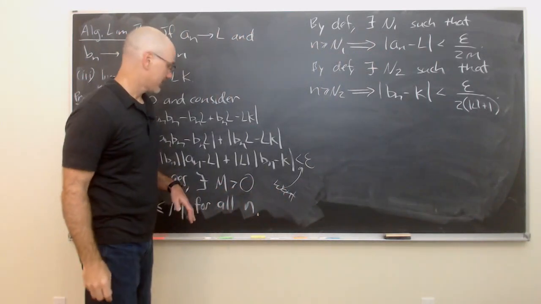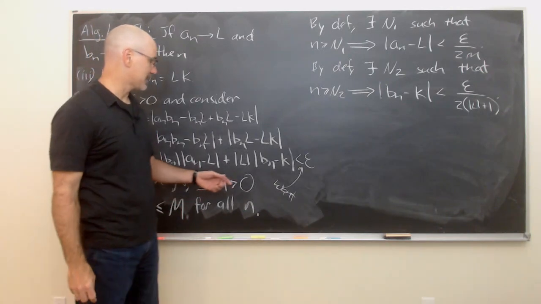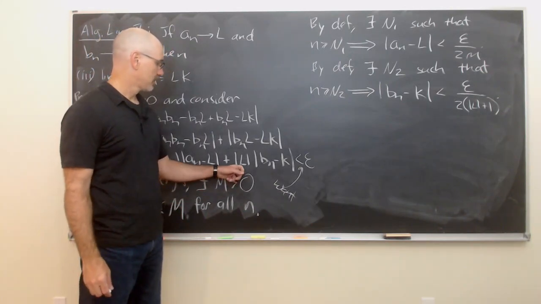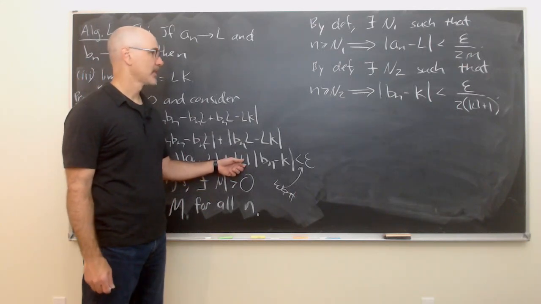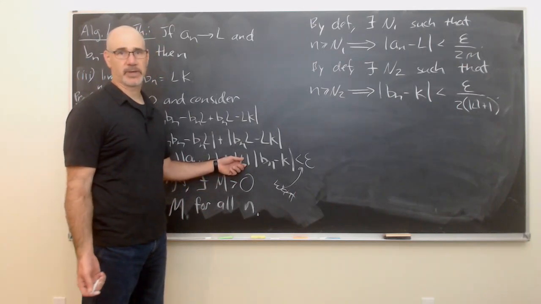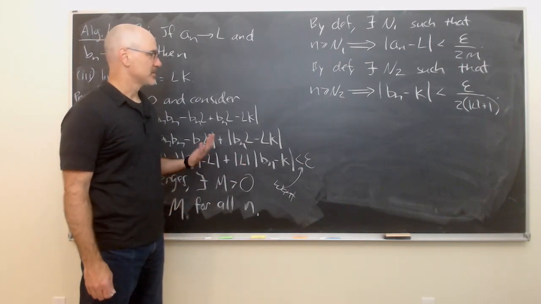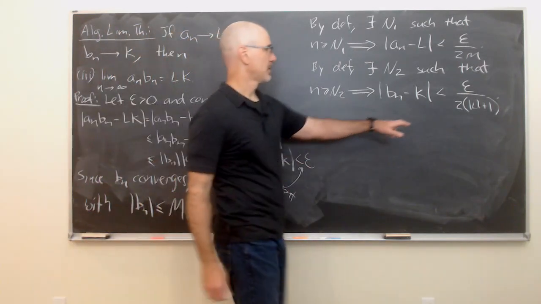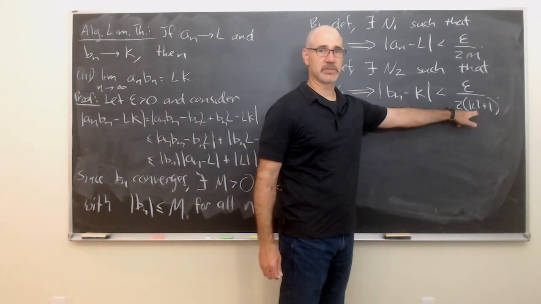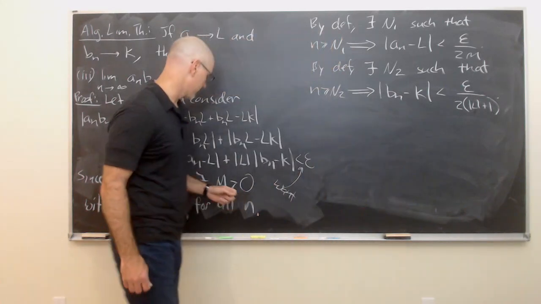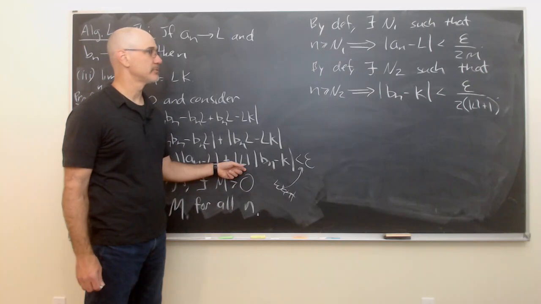Now, that one is making use of the same kind of trick that we did in the constant multiple case, where we haven't actually said anything about whether L is 0 or not. You can separate that into its own case if you want, and this part would then be a little easier. I like to just do it all at once, so as long as I have this absolute L plus 1 in the denominator, I can't have 0, and the denominator will be larger than this absolute L by itself.